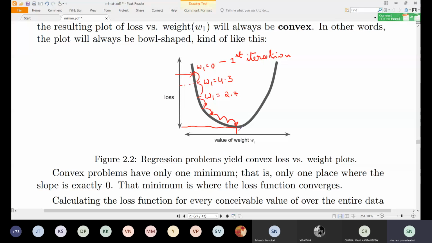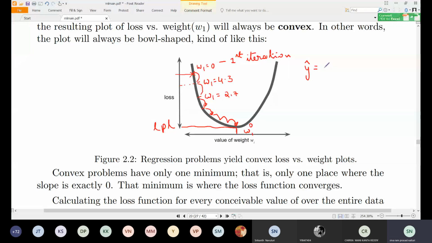And the weight corresponding to this least possible loss is the optimal weight. Okay, the optimal weight. In the previous class, I told you that when you reach the optimal value, your machine learning model fitting to the training data is over, or you say the training phase is completed.